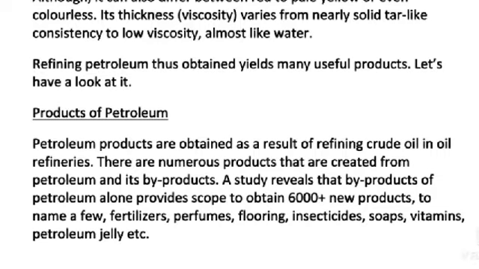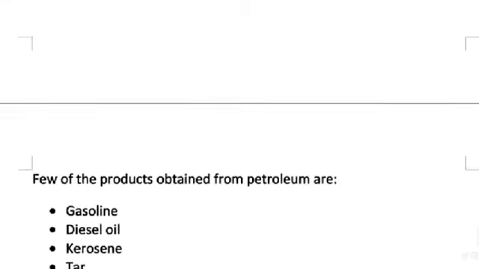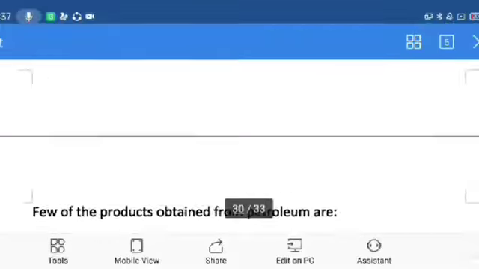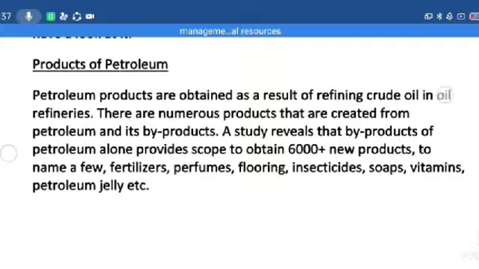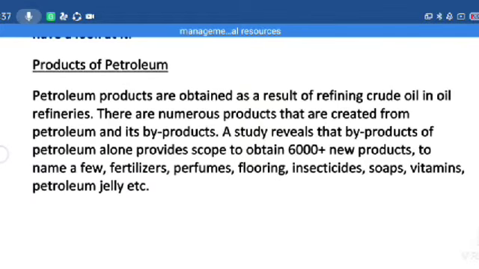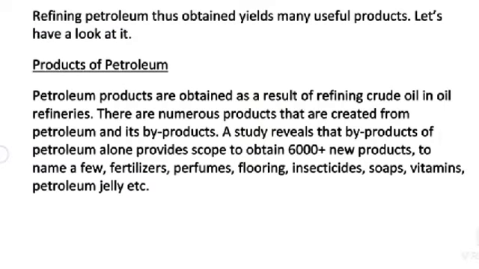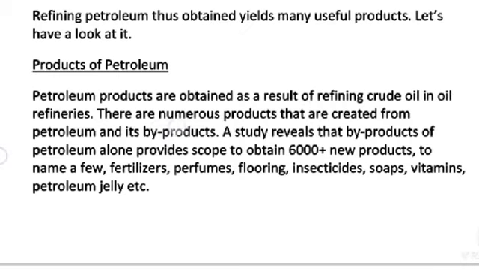Refining petroleum thus yields many useful products. Let's have a look at them. Products of petroleum. Petroleum products are obtained as a result of refining crude oil in oil refineries. There are numerous products that are created from petroleum and its byproducts.